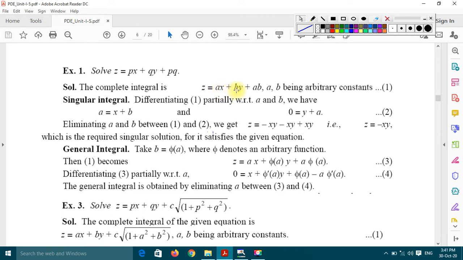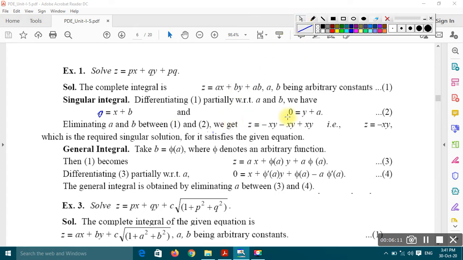The partial derivative of by is 0, and the partial derivative of ab with respect to a is b. So we get 0 is equal to x plus b. Sorry, here it is 0, not a.